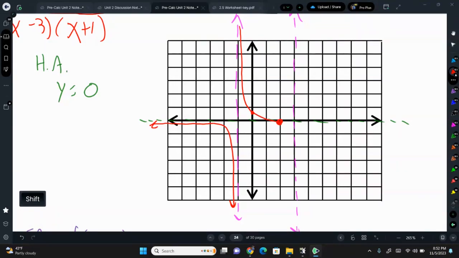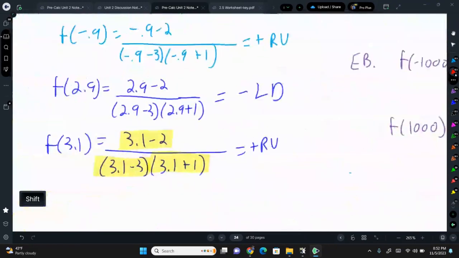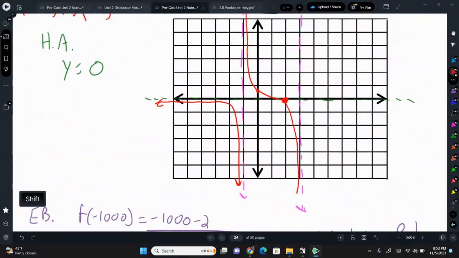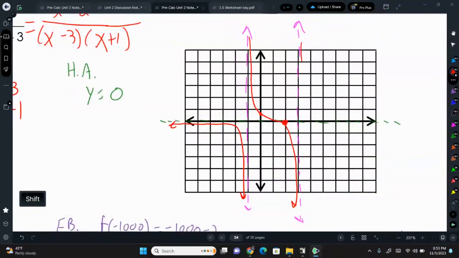And then the vertical behavior for the asymptote at 3, the left side's down and the right side is up. So it's got to come down this way. And then finally, the right side again was up, and the positive end behavior was above.